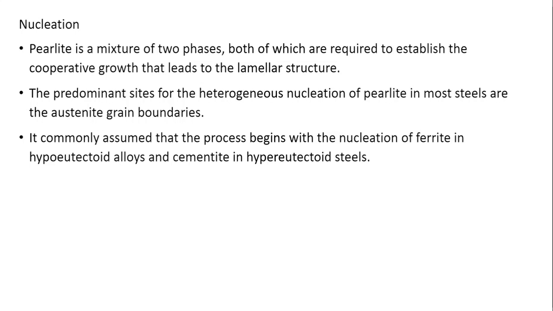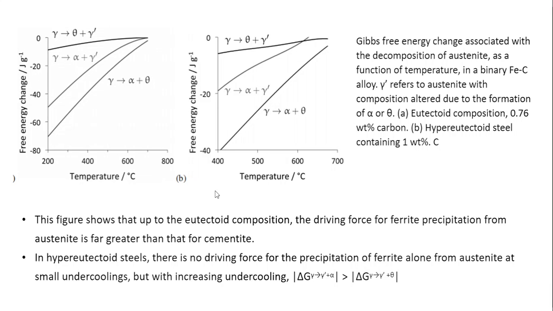It is commonly assumed that the process begins with the nucleation of ferrite in hypo-eutectoid steels, that means steels having lower carbon than eutectoid carbon, and similarly the first to nucleate in the case of hyper-eutectoid steels is cementite. And so this is the commonly assumed notion.